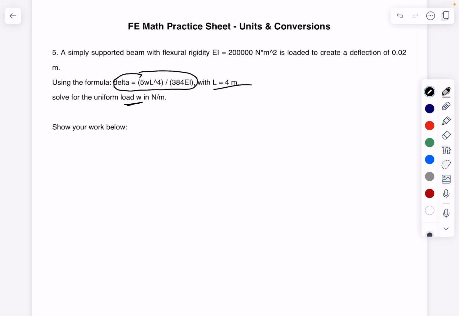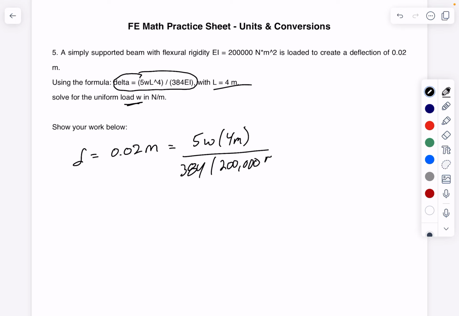Okay, so here we go. We're going to have delta equals 0.02 meters, and that is going to be equal to 5W L to the 4th, with L being 4 meters, divided by 384 times the EI, which is 200,000 Newton meters squared.